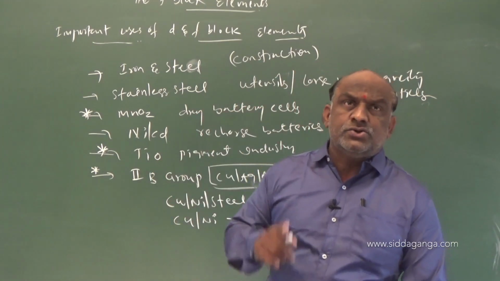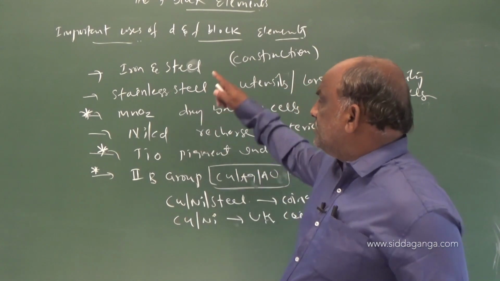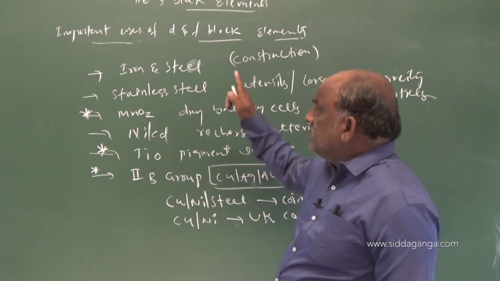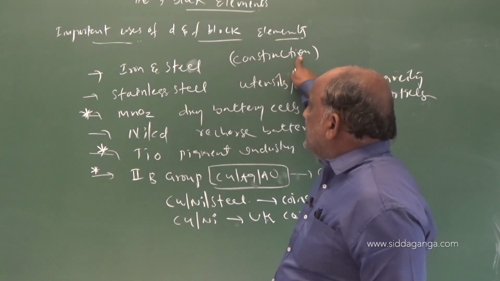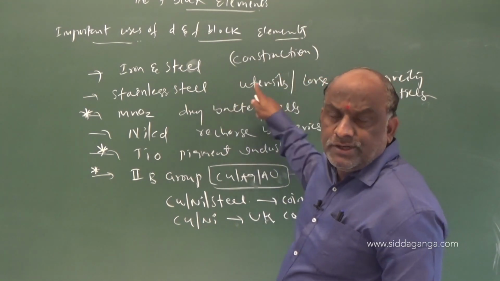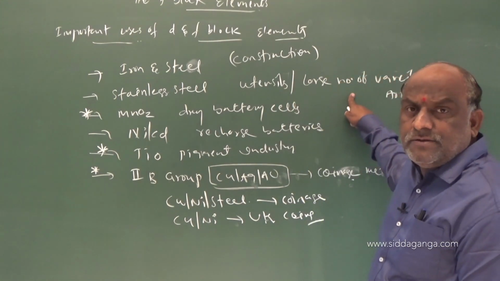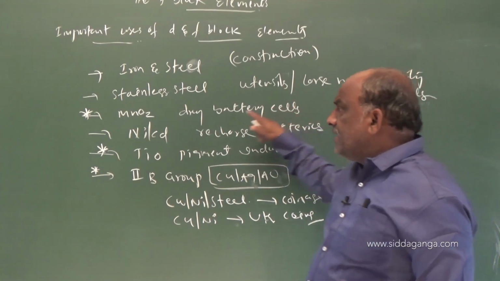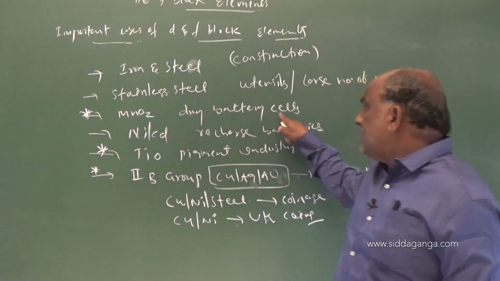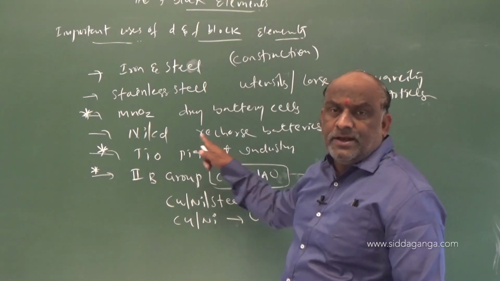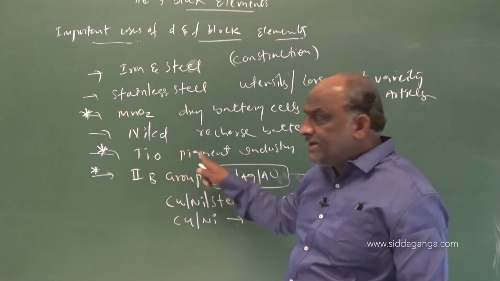That catalyst belongs to the D block elements only. So first you should revise these points: iron, steel, construction materials; stainless steel, utensils, and a large variety of articles we can prepare from stainless steel; MnO2, dry battery cells; nickel cadmium, rechargeable batteries; and TiO, pigment industry.